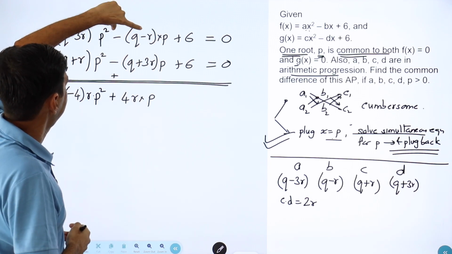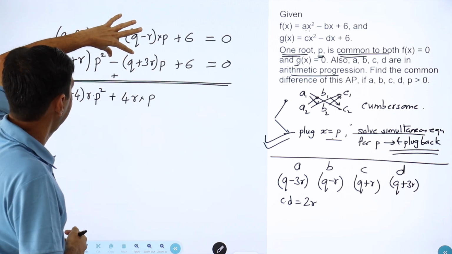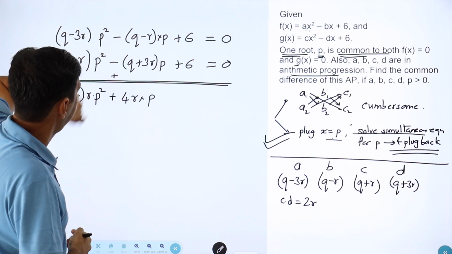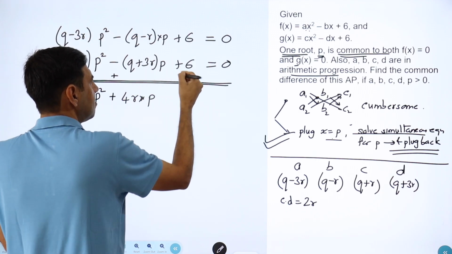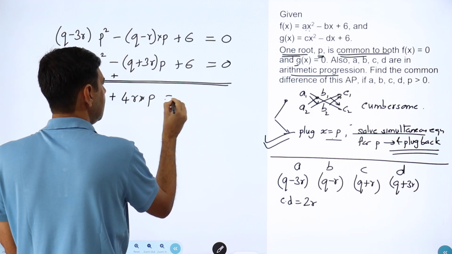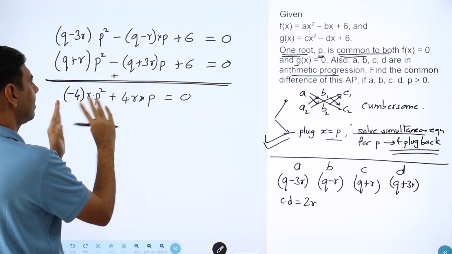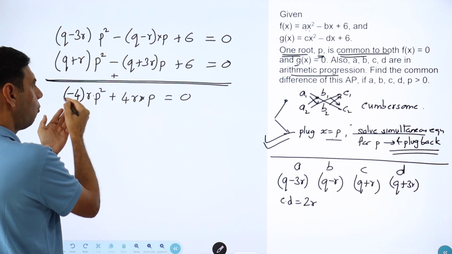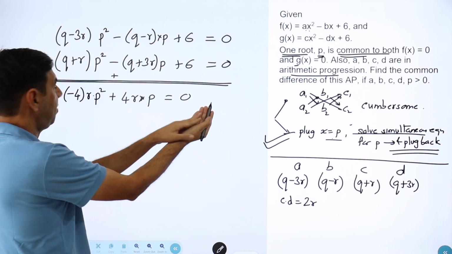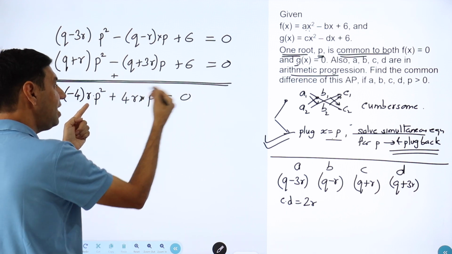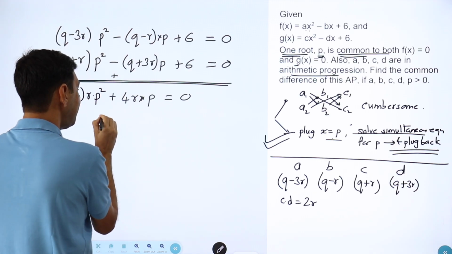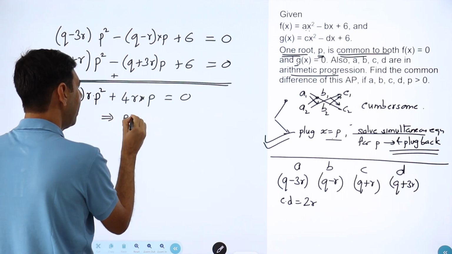This is a plus r and this is going to become a plus 3r, 4r times p. And this minus this cancels out, so this is equal to 0. Great. So this minus 4 will become a plus 4, the 4 cancels, the r cancels, the p will cancel, and you will directly get p is equal to 1.